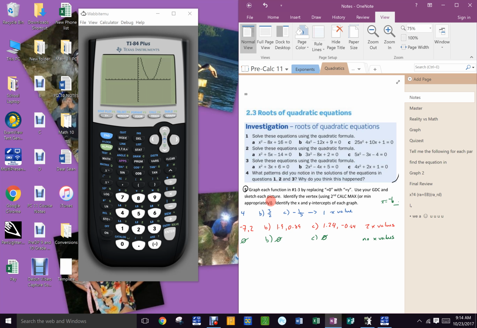The highest it can be. The highest it can be means it's a maximum, and the lowest it can be means it's a minimum, yes? So is this point a maximum or a minimum? Which is it? Minimum, of course, because the graph is going up, yes? So we are going to use our calculators to describe the minimum.